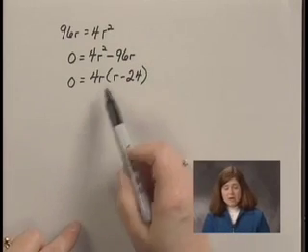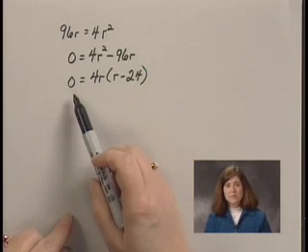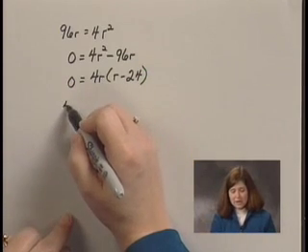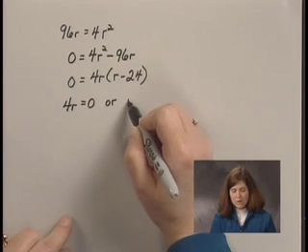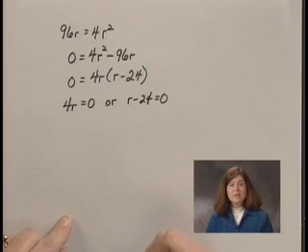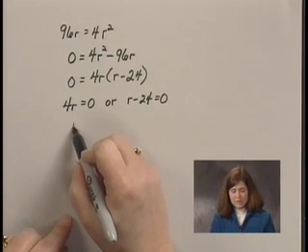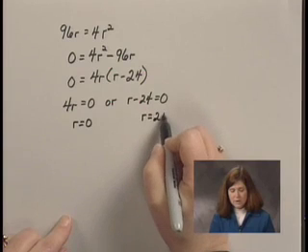Now I have a product, 4r times (r minus 24) equals 0. So I can set each factor equal to 0. 4r equals 0, or r minus 24 equals 0. Solving those separately, I get r equals 0 here, and r equals 24 here.